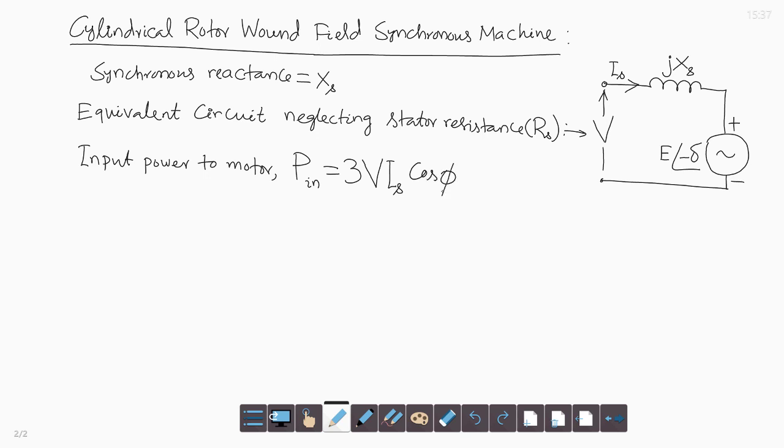Phi is the phase angle between the stator current IS and stator voltage V. So, as we have neglected the stator resistance, the stator copper loss, the I square R loss, 3 IS square RS, is neglected.